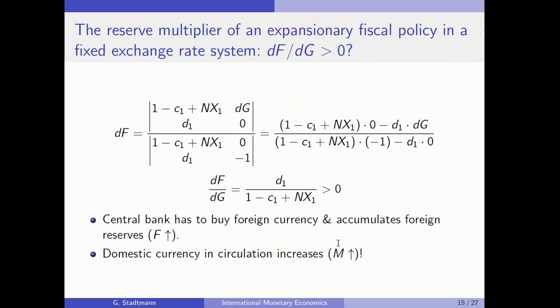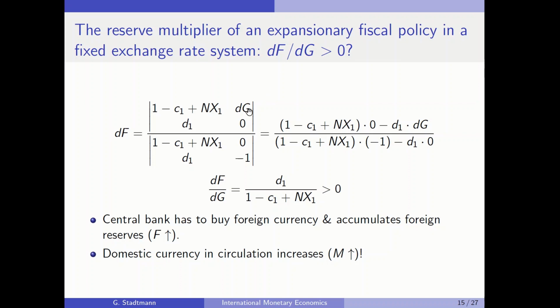What are the effects on the other endogenous variable? What are the effects of an increase in government spending on the foreign component of money supply? This, of course, should be positive. We have seen that in the graph before, that an increase in government spending leads to a central bank intervening at the foreign exchange market so that in the end, the reserve component increases. So let's do our computations.